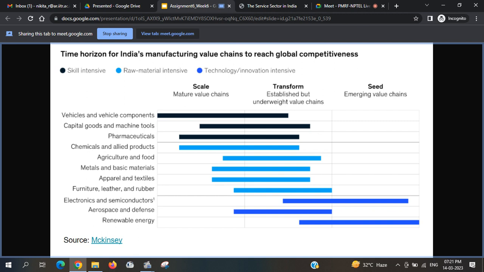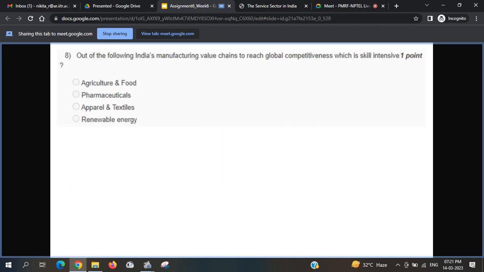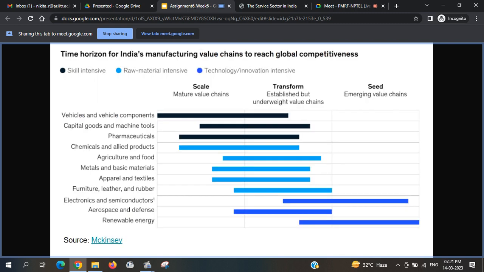So among these, you can see our question asks about the skill intensive value chains. So you can see these three belong to the skill intensive value chain. So first is vehicle and vehicle components, second is capital goods and machine tools, and third is pharmaceuticals. So we'll go back and look at our options. So our options include agriculture and food.